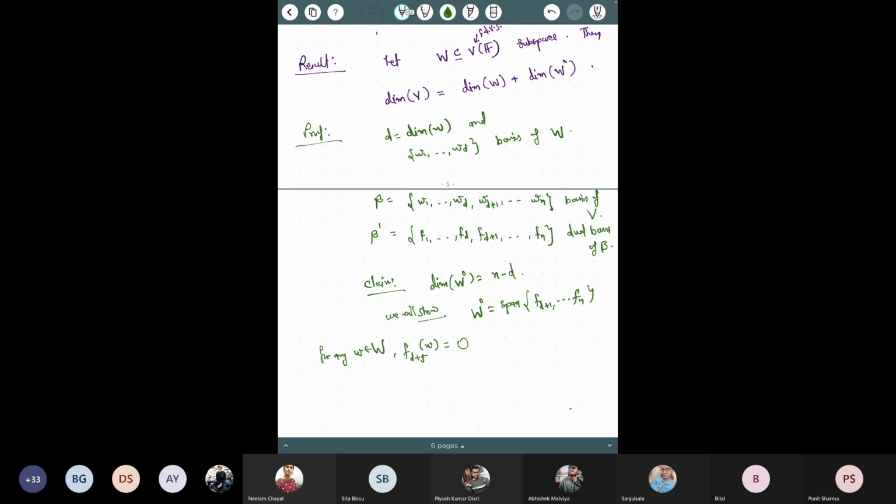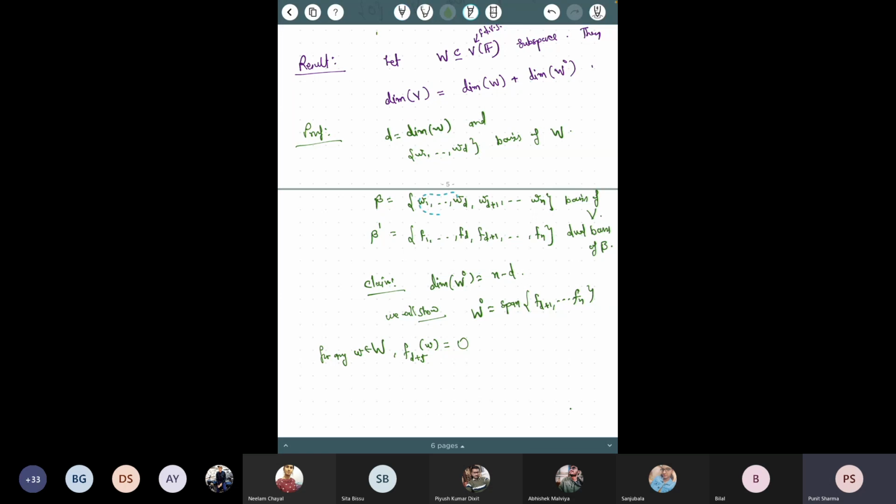Why? Sir, because w is a linear combination of w1 to wd, and then if we apply this, it will be zero. Absolutely. By definition, w is an element of W, and we know a basis for this.